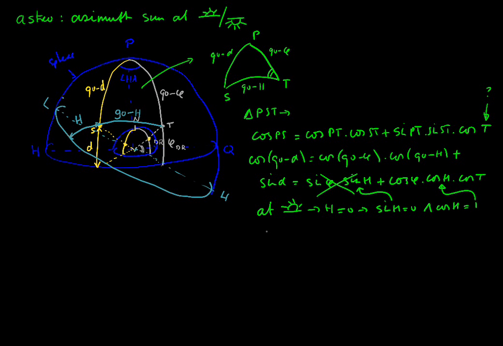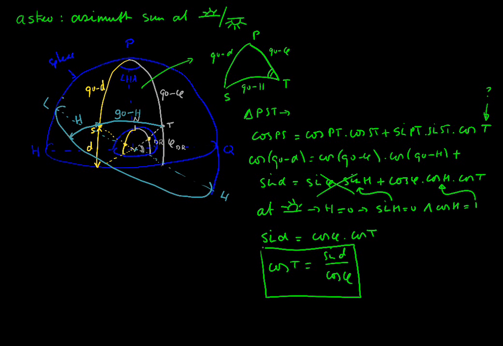We get the following formula: the sine of the declination equals the cosine of the latitude times the cosine of the azimuth. Now we can say the cosine of T is the sine of the declination divided by the cosine of the latitude. And this is the formula with which you can calculate the azimuth.